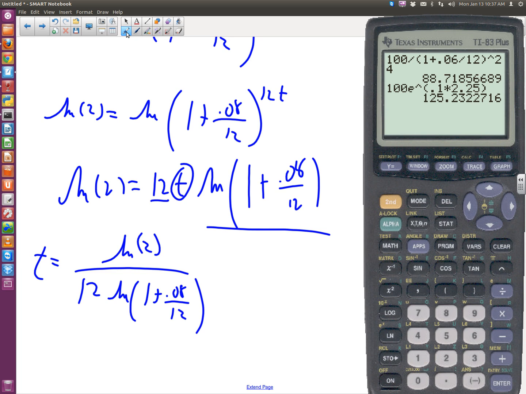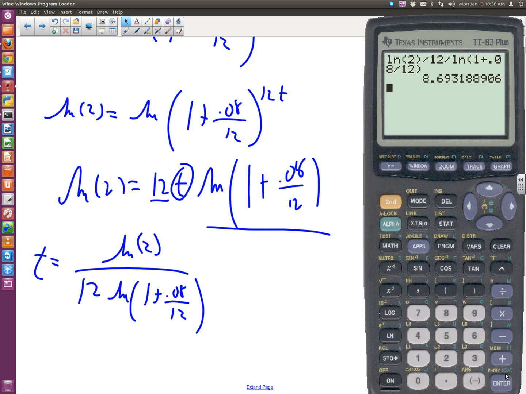All right, so let's figure that out on the calculator. What's the doubling time of this investment? ln of 2 divided by 12 and divided by the ln of 1 plus 0.08 divided by 12. And that's that. Boom.